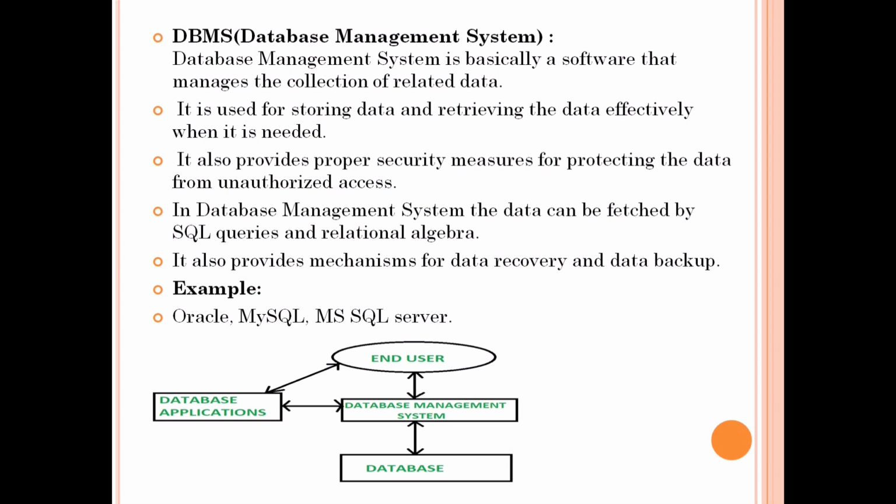Based on that, we retrieve the data efficiently when we need it. The main thing is that we have to provide strong security for protecting your data from unauthorized access. The DBA takes care of authorization and unauthorized accessing of data. Next, how to access the data.